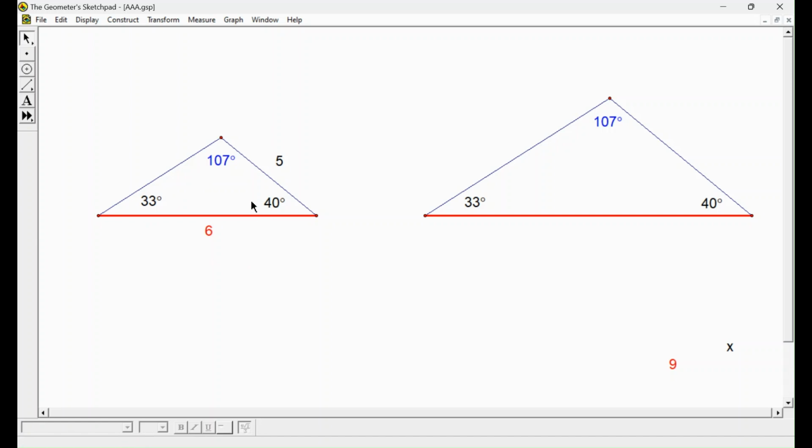So, while I'm on the subject of not having 3 pieces of information, what if we just had 2 pieces of information in a triangle? Say that one. Look at the triangle here on the left. If I just said, let's solve a triangle where we have, what would we call this? Side angle or angle side?